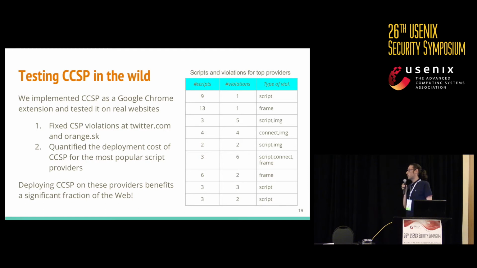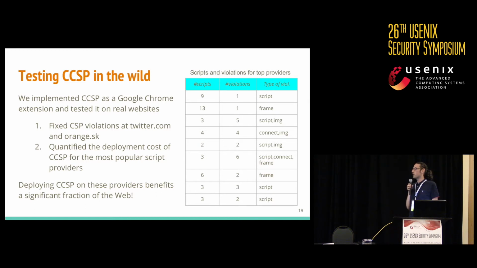We also performed a preliminary assessment of what is the deployment cost of CCSP for the most popular script providers. You can see on the table on the right that for the most popular script provider, the number of scripts which are loaded from them is relatively small. So these providers do not need to write many different policies. The number of policies they need to write is limited.